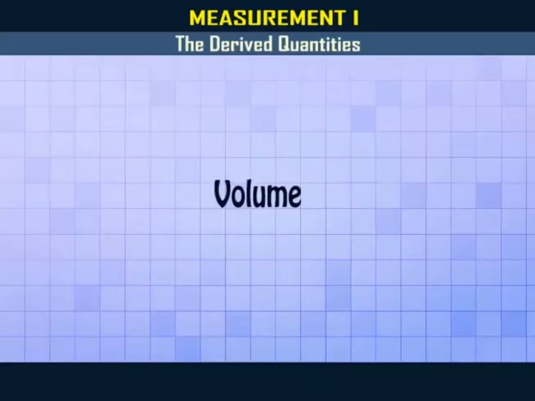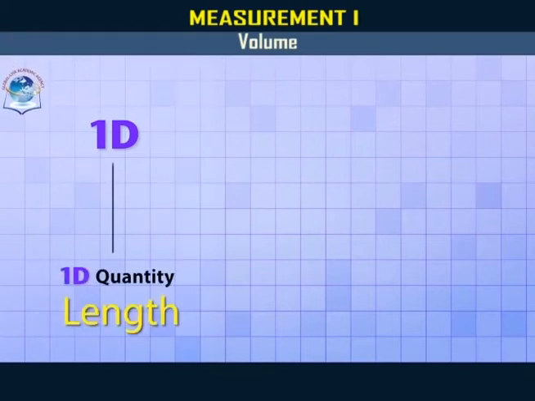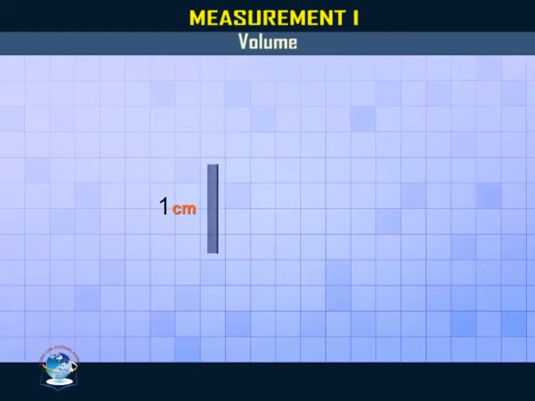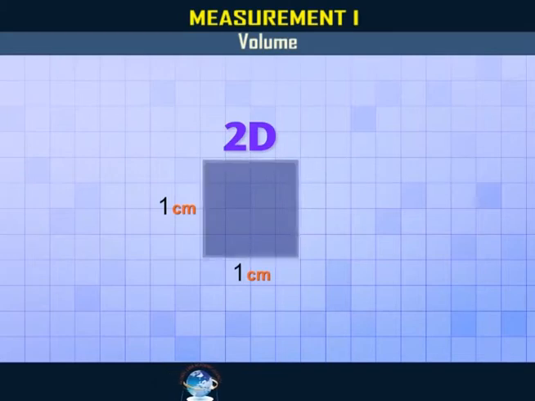So that now we move to volume. Consider a one-dimensional object like this line. We measure it with a one-dimensional quantity called length. This line has a length of 1 centimeter. In area, we saw that if we move or extend this one-dimensional line in a direction perpendicular to it by a distance of 1 centimeter, it forms a two-dimensional object called a square.